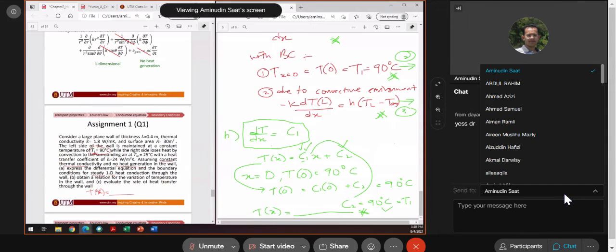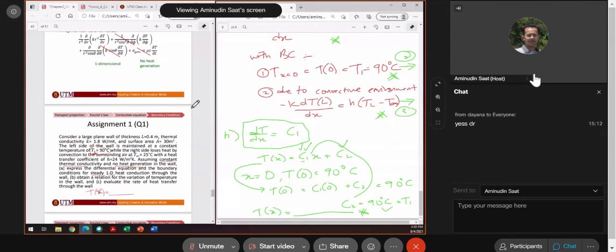So that is for this example of a plane wall. I can say it's quite straightforward. The only thing you need is to understand how to solve the problem by having the mathematical formulation.